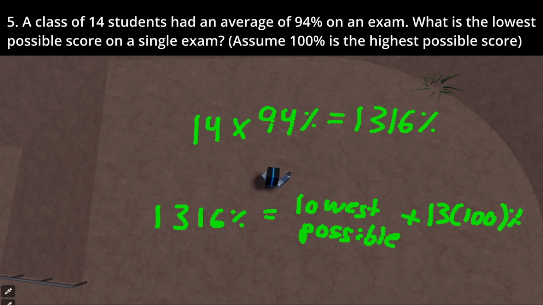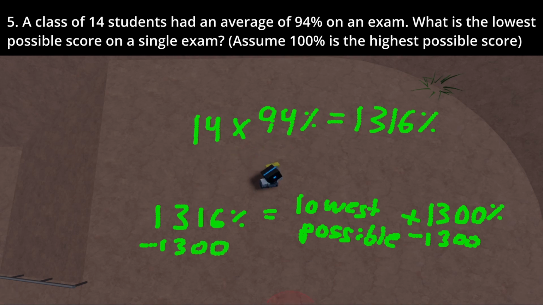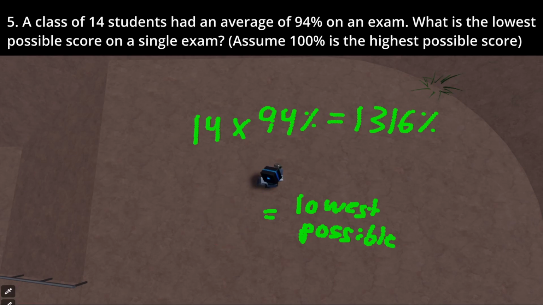So 13 times 100 is just 1300. So 1300%. And then let's just subtract 1300 from both sides. And if you do that, 1316 minus 1300 just means that 16% is the lowest possible score that any single student could have got on this exam.